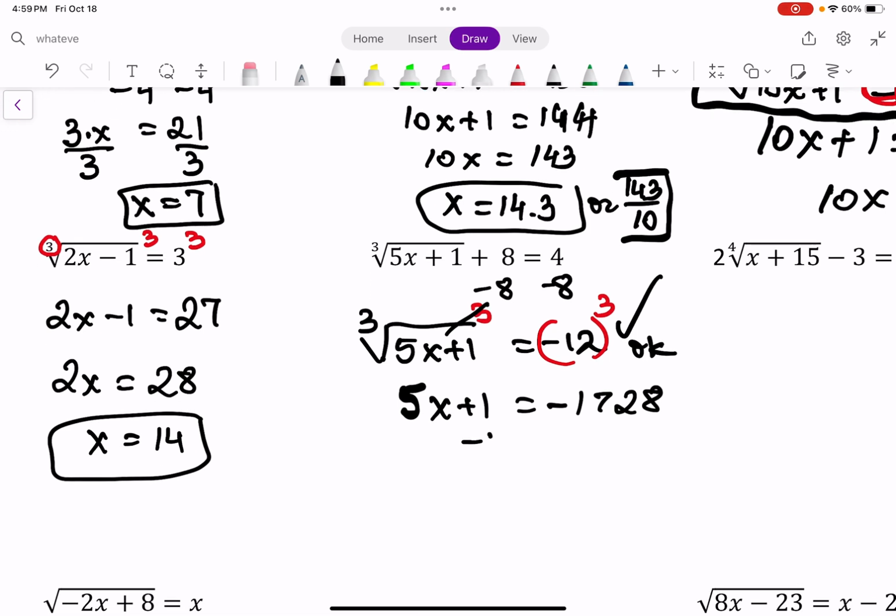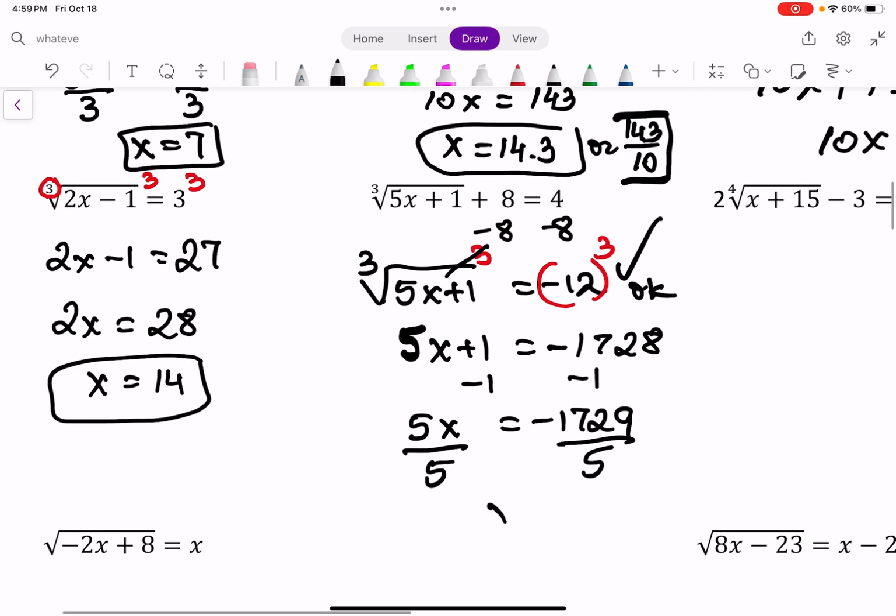Minus the 1 away, and then divide by 5. So whatever answer you get, you can even leave it as a fraction. It's totally fine. You can give me a decimal. Negative 345.8 is what I got.